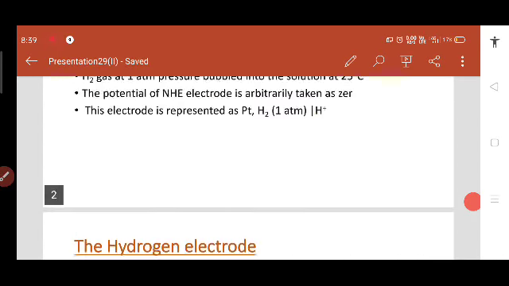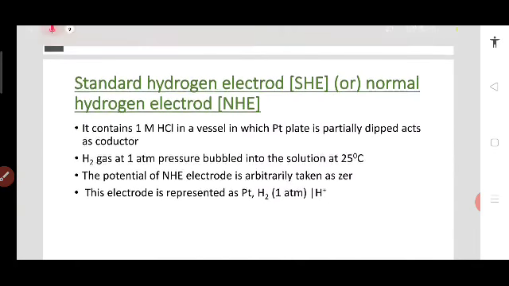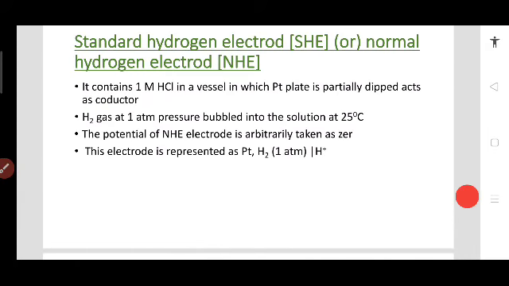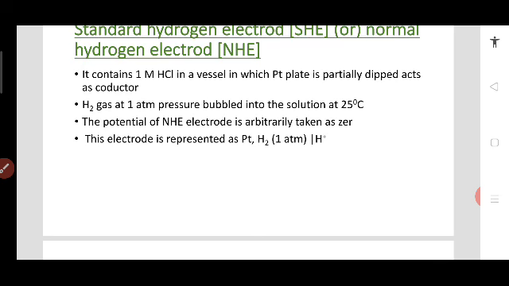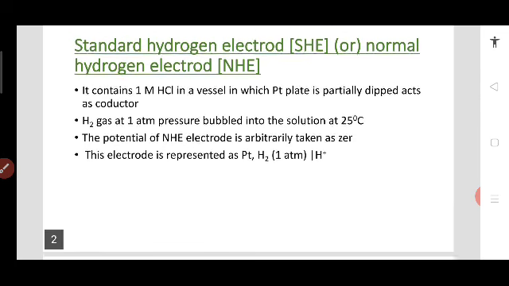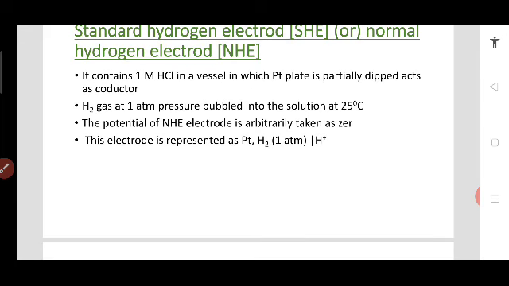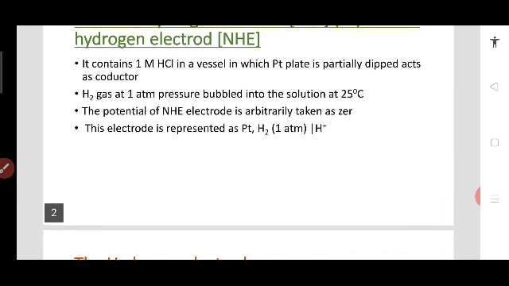Here, the standard hydrogen electrode contains 1 molar hydrochloric acid, HCl, in a vessel in which a platinum plate is partially dipped and acts as a conductor.